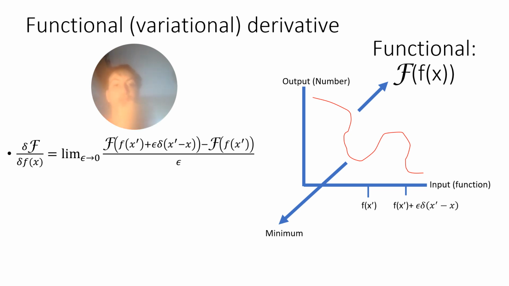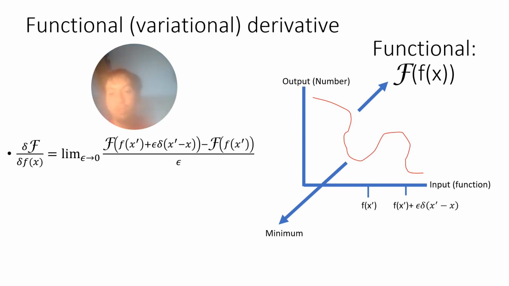But the idea of how we find the instantaneous derivative of a curve is exactly analogous to how we find the functional derivative. And I've given a formula for the functional derivative here, but it essentially comes from finding the average gradient, if you like, of the curve, or a gradient of a line between 2 points, and then finding the limit as those 2 points get closer and closer together.